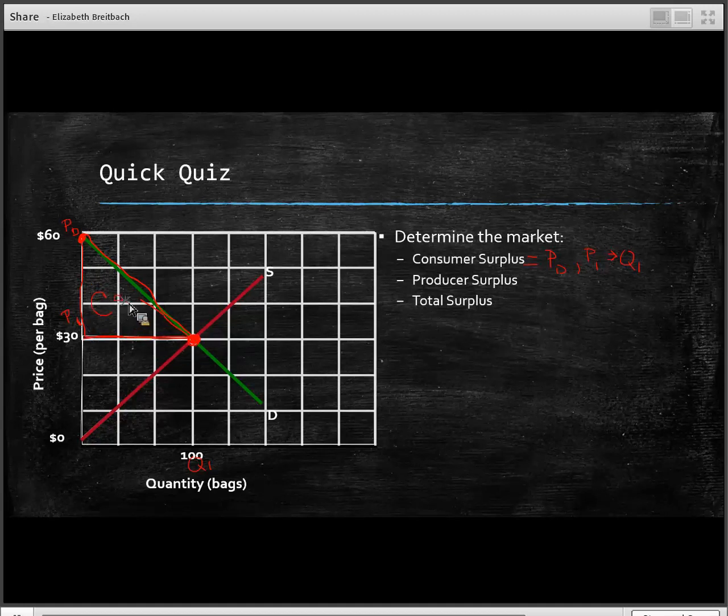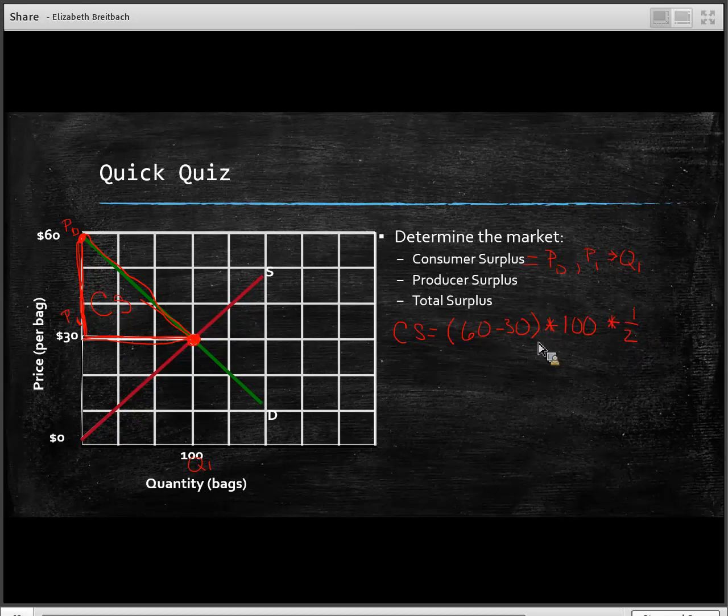How do we calculate it? We look at the height of this triangle, which is the difference between PD and P1, so 60 minus 30. Multiply it by Q1 because we're going from 0 to Q1, which is 100. And since it's a triangle, we multiply by 1/2.